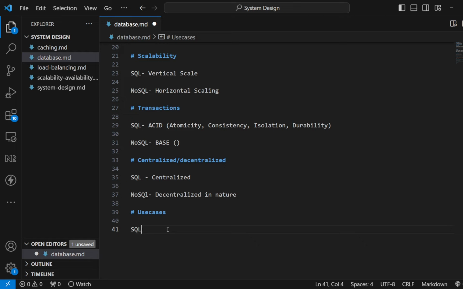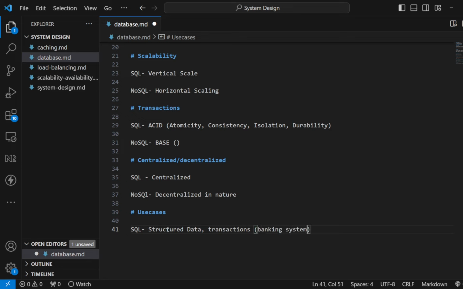And now use cases. So when should we use SQL and when should we use NoSQL? SQL is best suited when we have structured data and we are working with transactional systems like banking systems. We are working with transactions, means banking system.